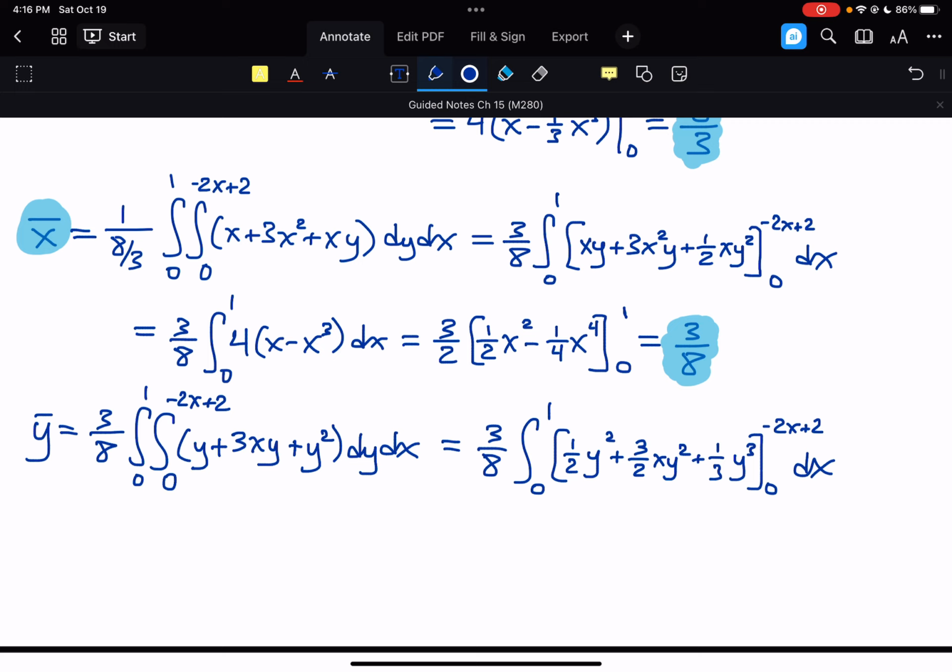This one ends up leaving us with a little bit larger polynomial, but we can take out 2/3 from everything, and we end up left with 7 minus 9x minus 3x squared plus 5x cubed dx.